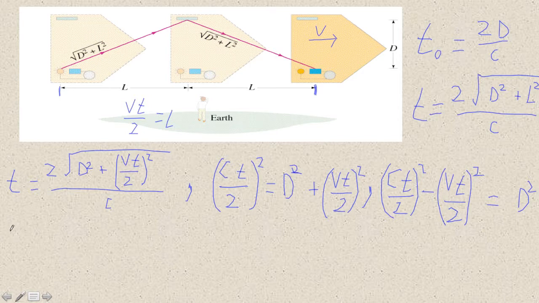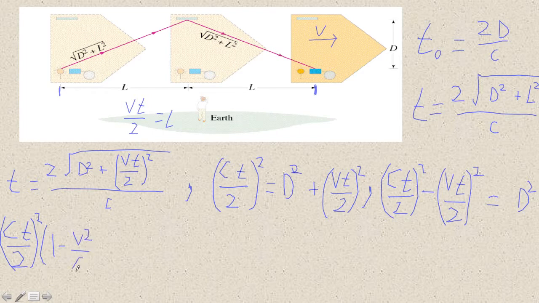So now we've got ct over 2, squared. God, look how slow this thing is. Right, and if I factor that out, this is 1 minus, and then everything goes away, the t squared and the 2 squared, but we get v squared over c squared, right?